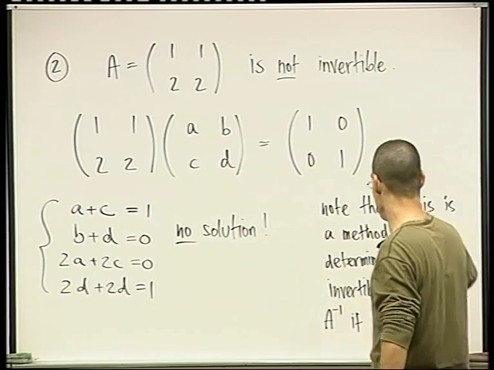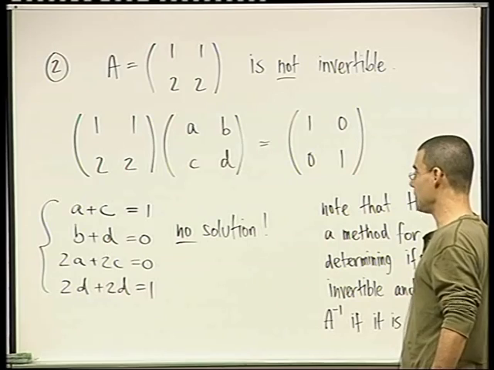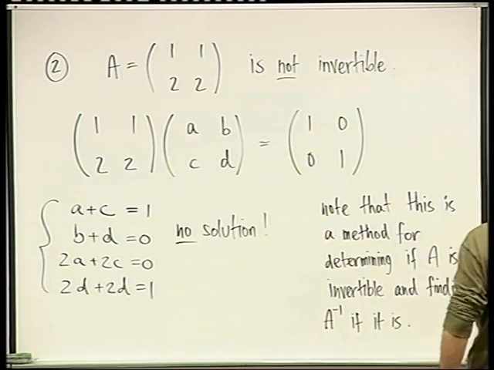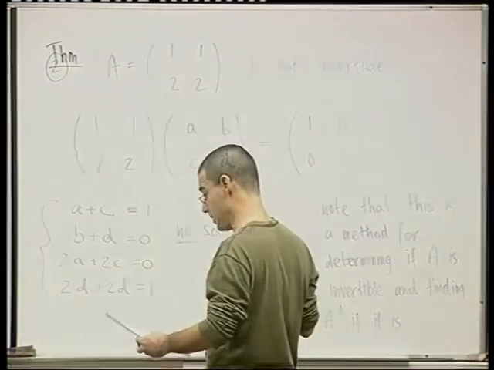Before we get to the general method of determining invertibility and finding A inverse, let's write a little short theorem. And in fact, let's prove it. We are going to prove some things just to get the feeling of how we prove things and what are the tools and get used to working with invertible matrices.